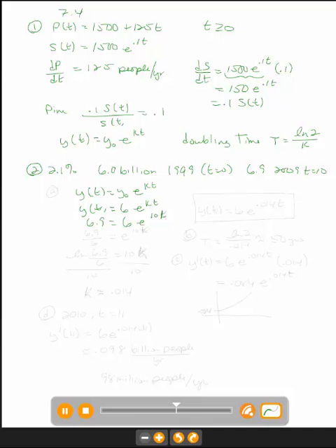I'm going to divide that by 6, so I have 6.9 over 6 equals e to the 10k. Then I need to get the exponent out of the e, so I'm going to put a natural log through the function. So I have the natural log of 6.9 over 6 equals 10k, and then I have to divide by 10.